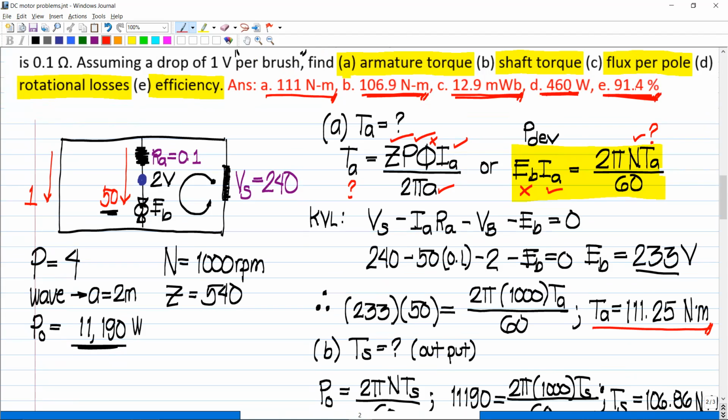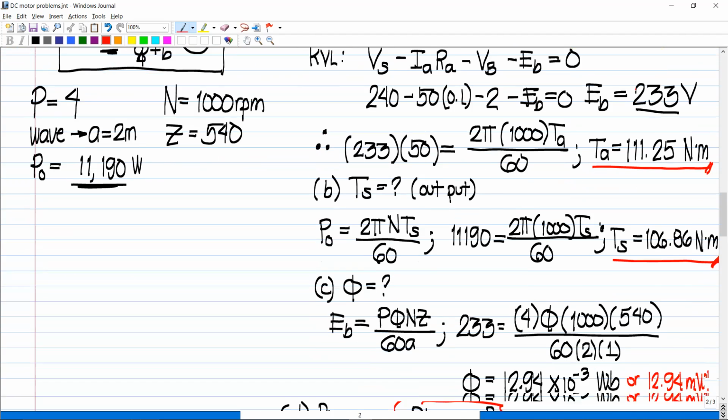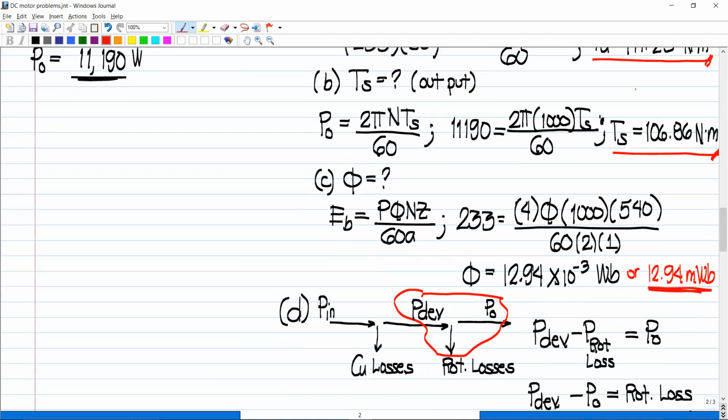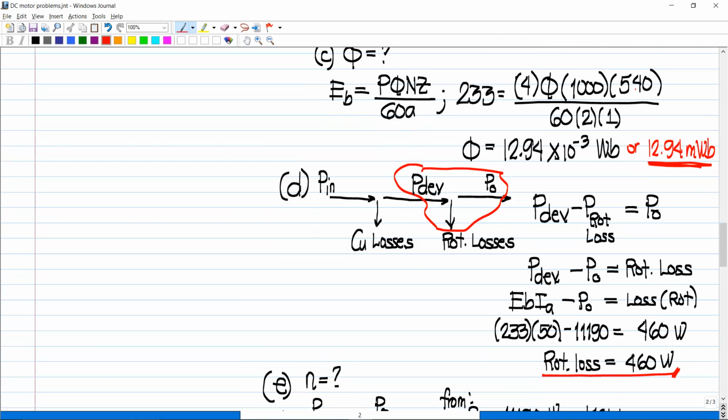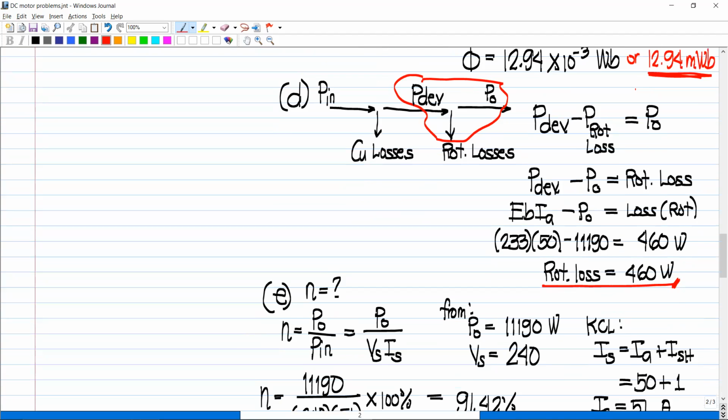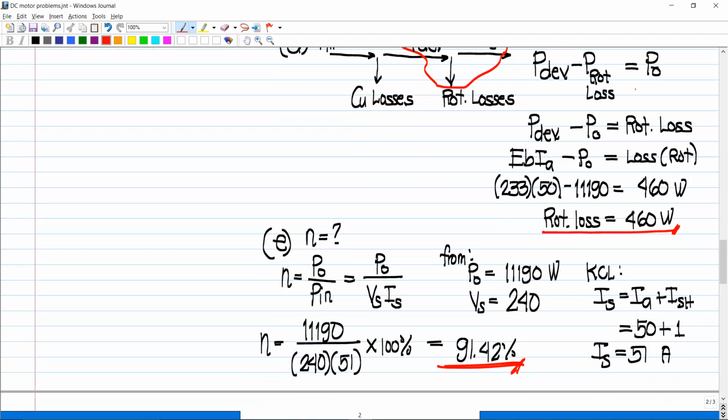I hope in this one problem we learned a lot on how to get the torque, and how to get the flux using the PZ over 60A. For letter D, the rotational losses, we also reviewed the power flow of the motor. And finally for letter E, we solved the efficiency of the motor.